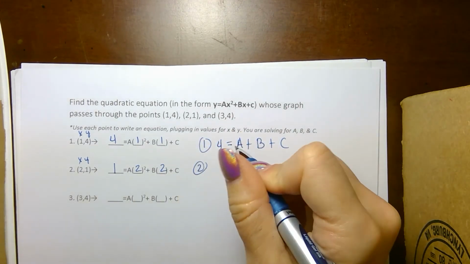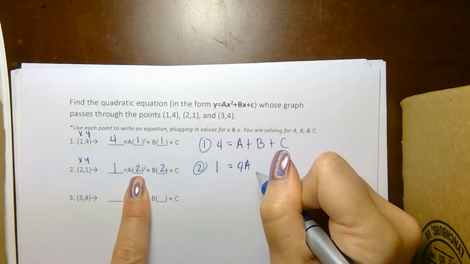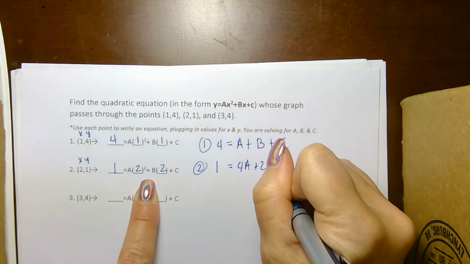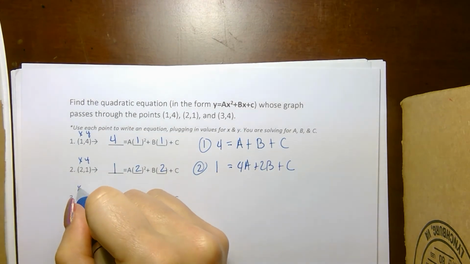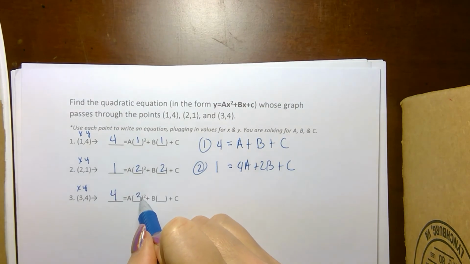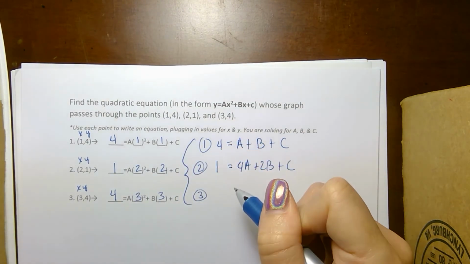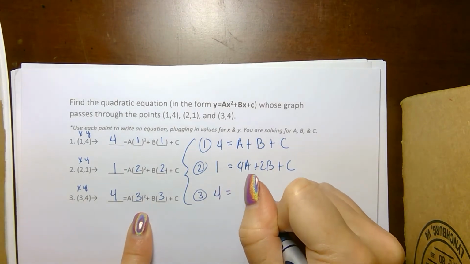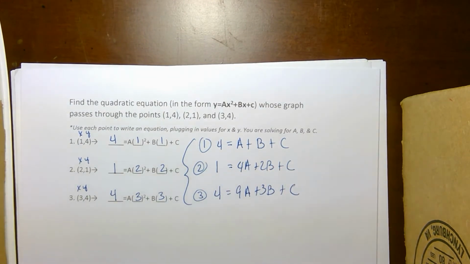So my second equation becomes 1 equals 4a, because 2 squared is 4, plus 2b plus c. My third equation, again, I have an xy ordered pair. Y is 4 here, x is 3. My third equation out of my system is 4 equals 9a plus 3b plus c.